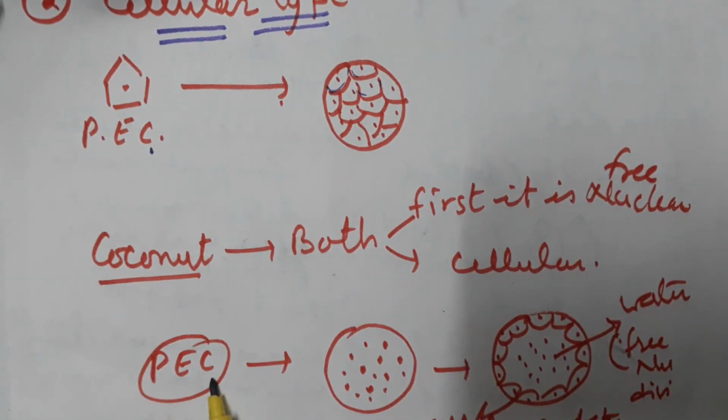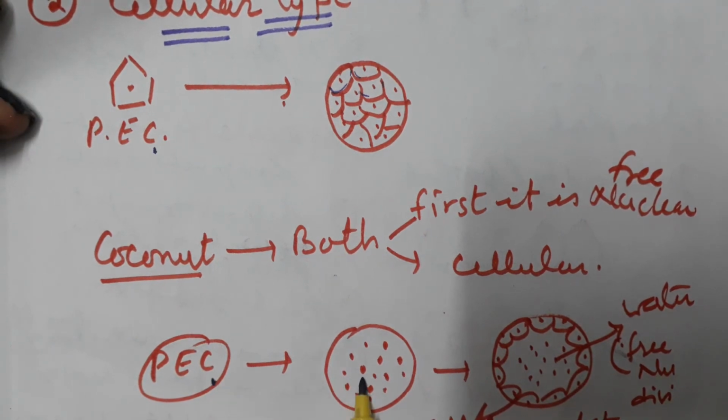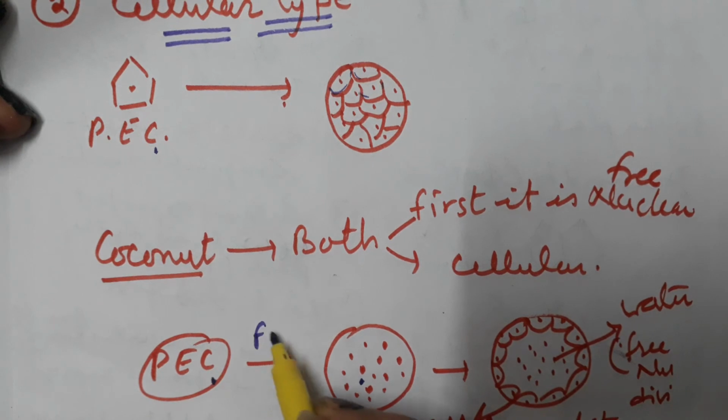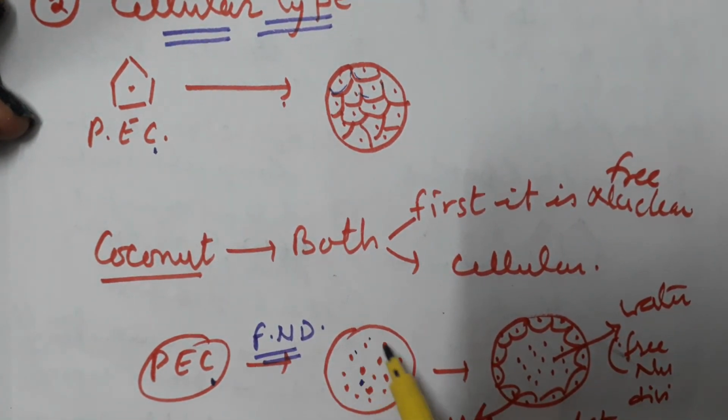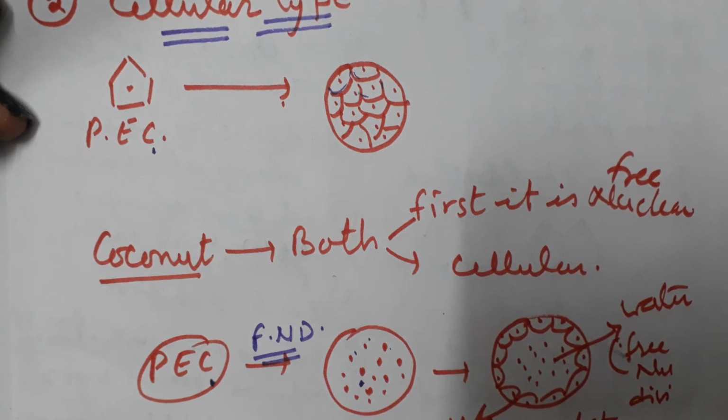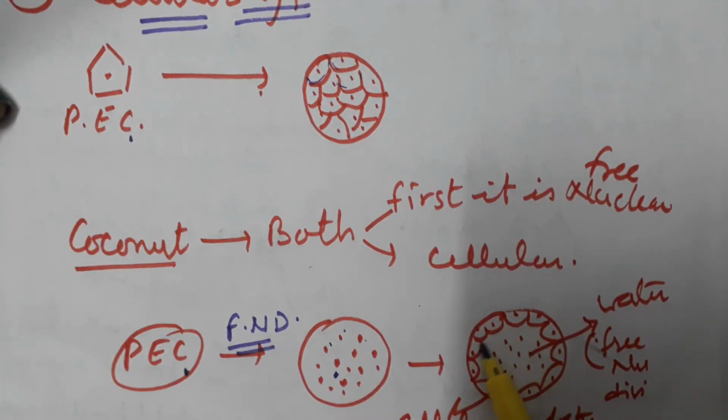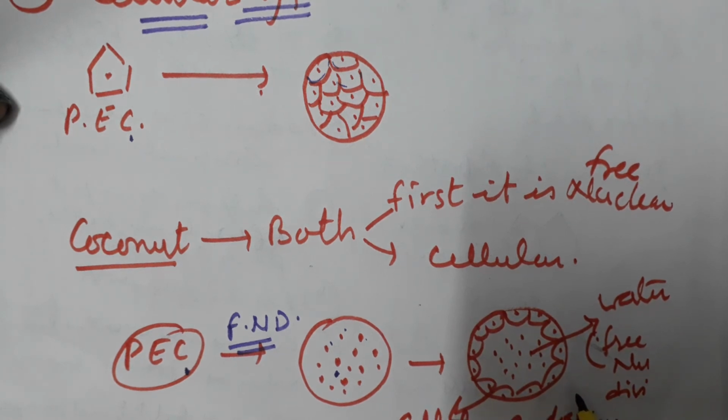In the primary endosperm cell, at the start, free nuclear division takes place and coconut water is produced. And later on at the periphery, every nuclear division is followed by cytokinesis, that is cell wall formation.